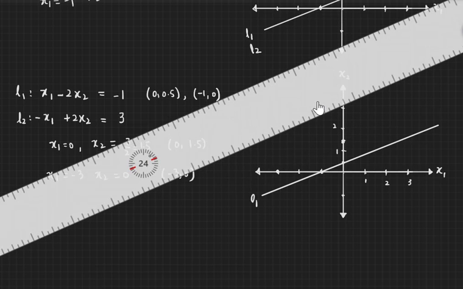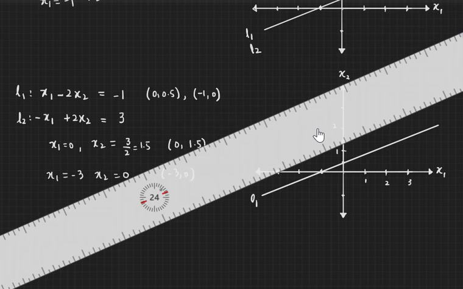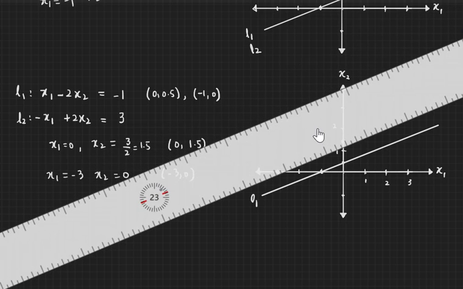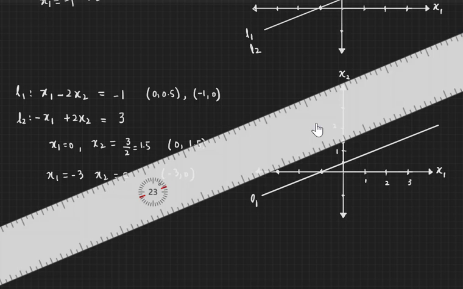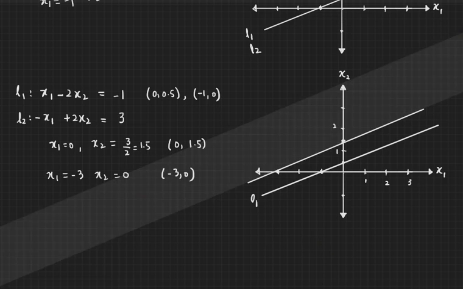This looks a little bit weird, this should be like this one. So we join them together and we can see that the straight lines L2 and L1 are parallel to each other. If we extend them infinitely on both sides, they will never cross each other.